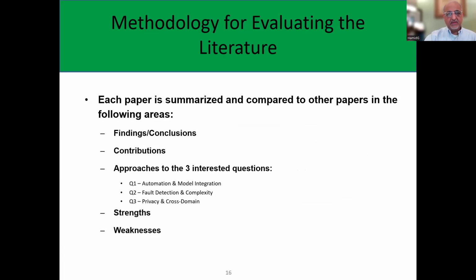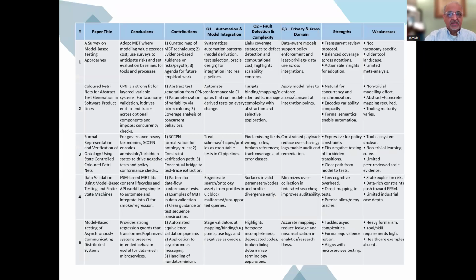My methodology was to look at each paper, look at their findings and conclusion, their contribution, their approaches to the three questions that I had, the automation, fault detection, privacy, and their strengths and weaknesses. So every paper is categorized or addressed in these five different areas, which I call my methodology for this study.